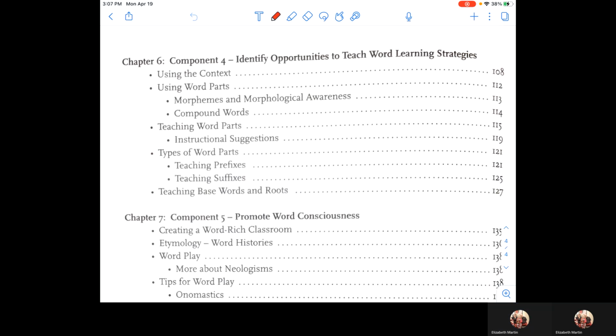The instructional strategies that are used within this chapter, something that I found very interesting is a school-wide focus. A lot of vocabulary is just taught in the classroom. The words that students should be learning, for example, analyze.